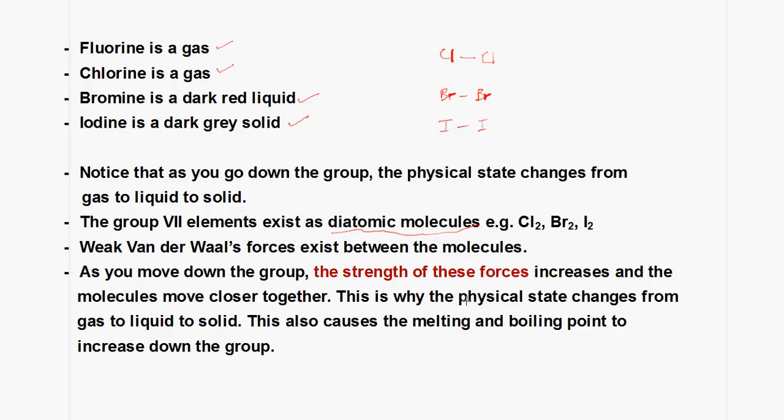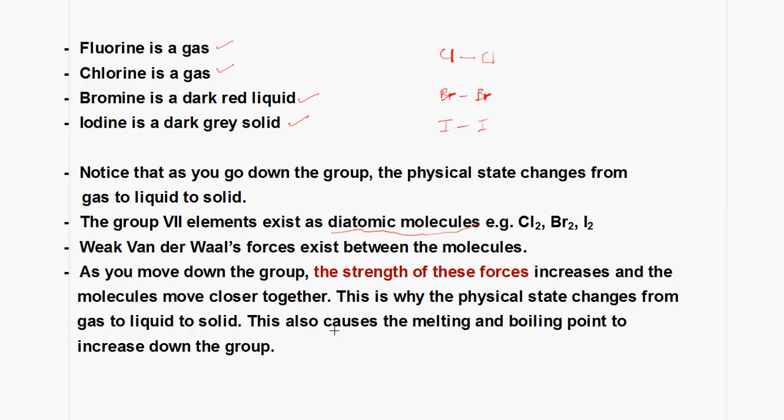And what this does is it forces the molecules to move closer together. And it is because of this you move from a gas to a liquid, then to a solid. Alright, so this is why the physical state changes from gas to liquid to solid. And it also explains why the melting point and boiling point increases down the group.